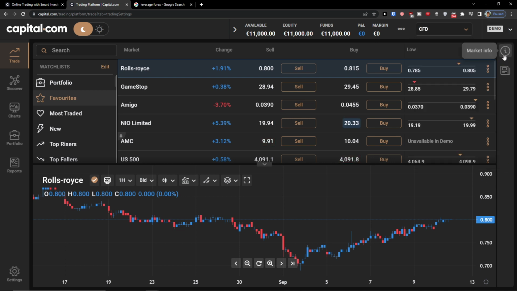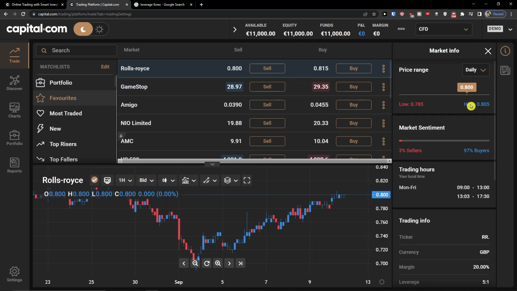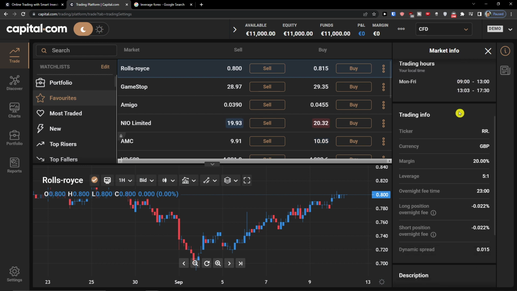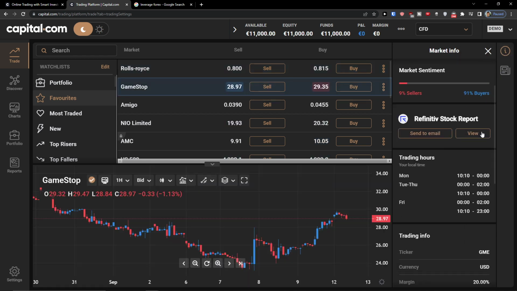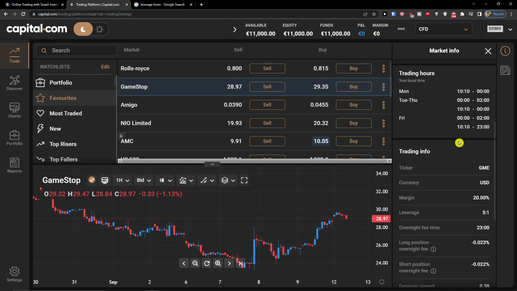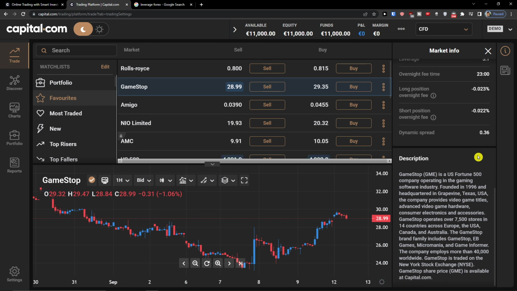Then you're going to have the market info here, and I'm going to show it on the right side, then we'll go to the left. On the right side, we have the price range, the market information, trading hours, and you can always see a ticker, currency, margin, leverage, description.